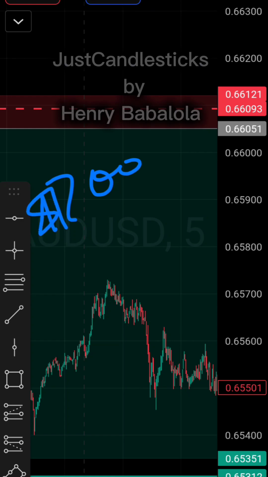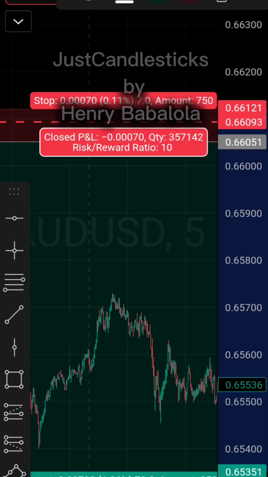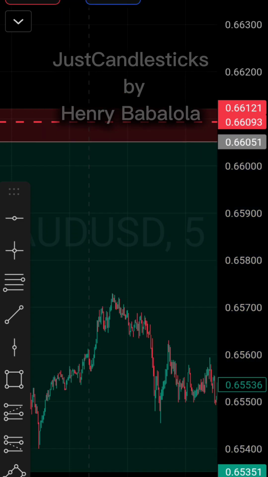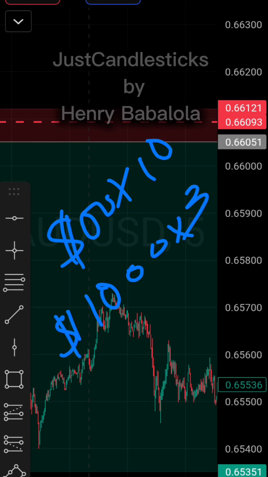You have only 3 wins, and anytime you won, you won $100 times 10, so you have $1,000. Then you won 3 times, so you have times 3. So at the end of 10 trades that you lost 7 and won only 3, you have $3,000 profit.